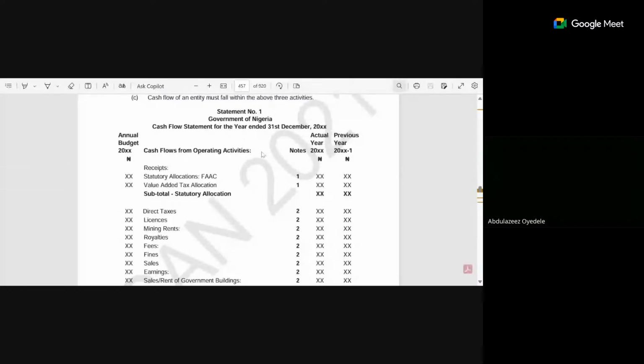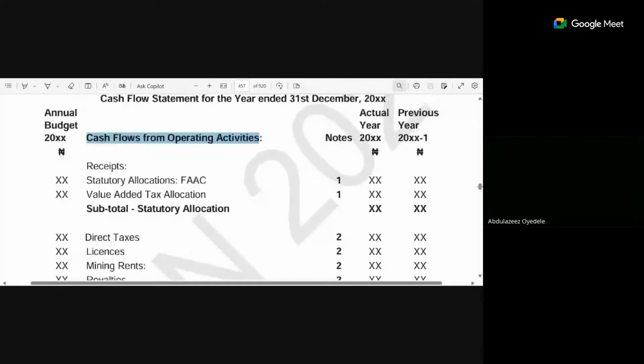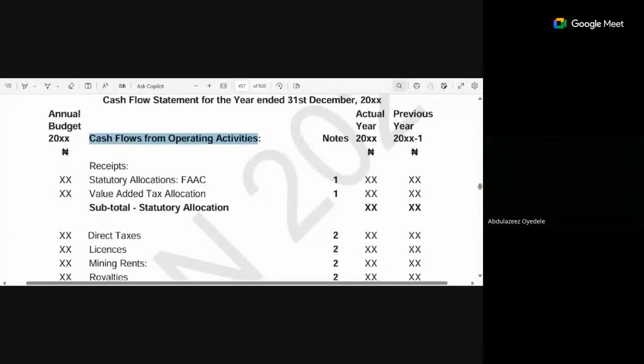Okay. All right. So as you can see, we have the cash flows from operating activities, and this is showing the inflows, the receipts, first. The receipts are the inflows, and you can see the items that the government regularly engages in that bring in money for them.